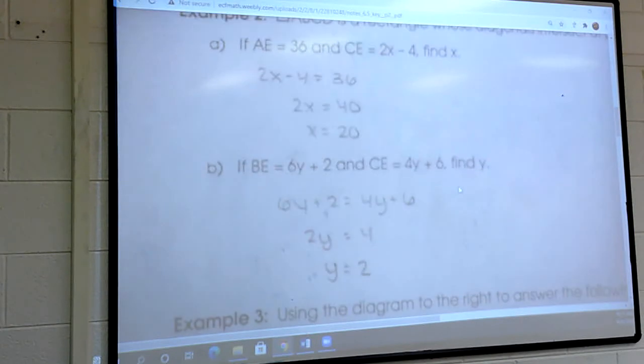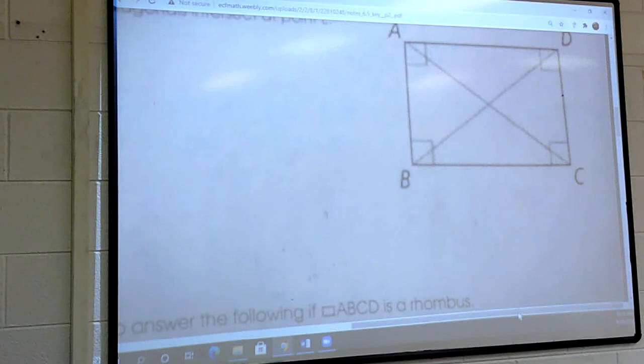in part B, if BE equals 6y plus 2 and CE equals 4y plus 6, we want to solve for y. Now, let me go over here real quick.